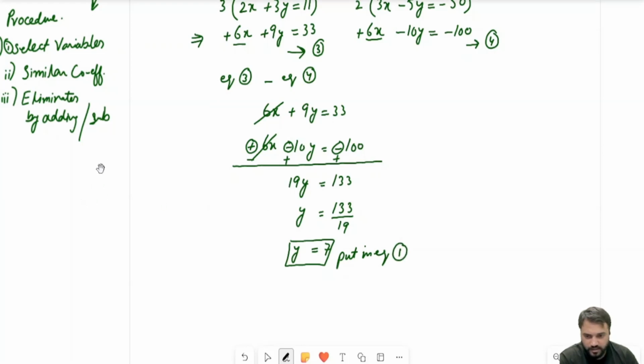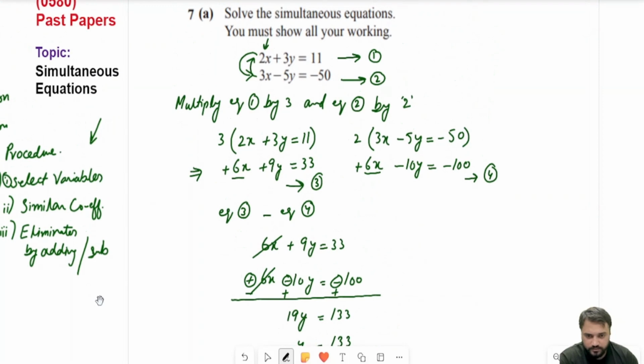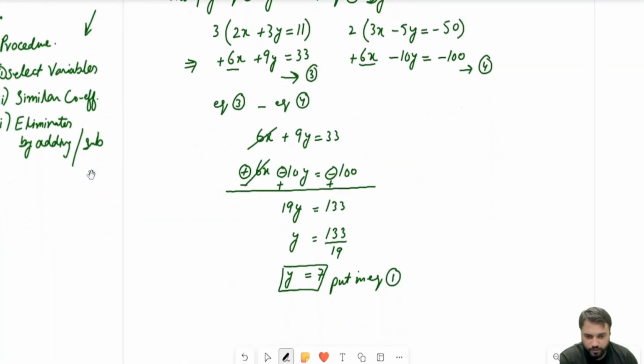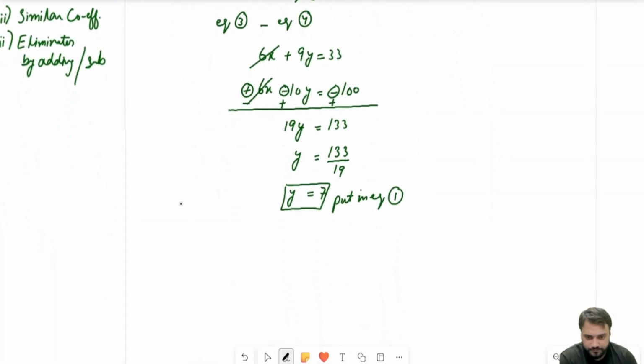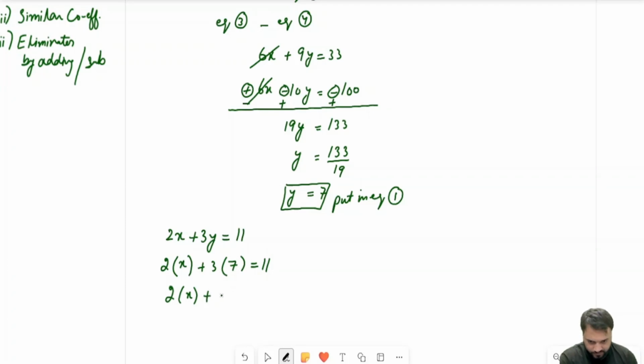So what was our equation number 1? 2x plus 3y is equal to 11. The value of x we want to calculate, but the value of y we just found, that is 7. Now simplify it. 2x plus 3 times 7, that is 21.